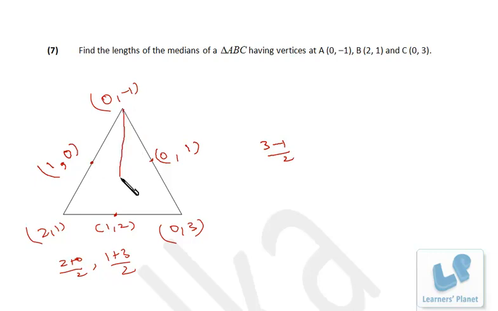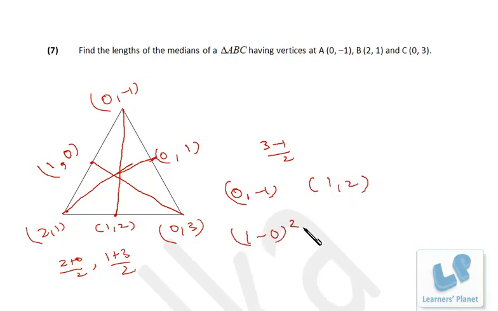Now the length of the median will be found using the distance formula for these two points, and these two points. Okay, so distance formula for 0, minus 1 and 1, 2. So 1 minus 0 whole square plus 2 plus 1 whole square. Suppose it is A, B, C, and this is P, Q, R, right?